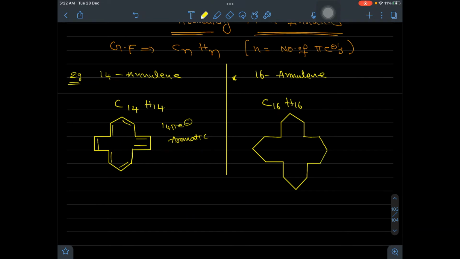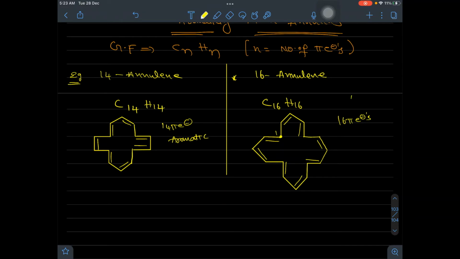This is [16]annulene. Count carbons also: number 1, 2, 3, 4, 5, 6, 7, 8, 9, 10, 11, 12, 13, 14, 15, 16. Write multiple bonds at alternative points. Right. So 8 pi bonds, so that is 16 pi electrons.